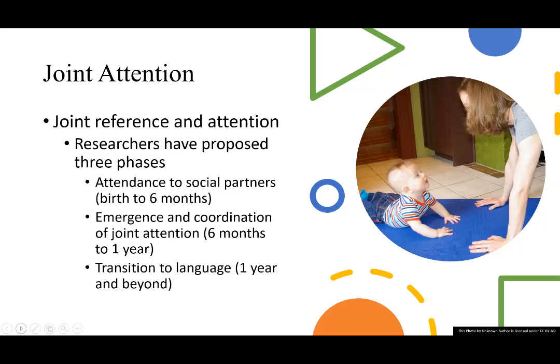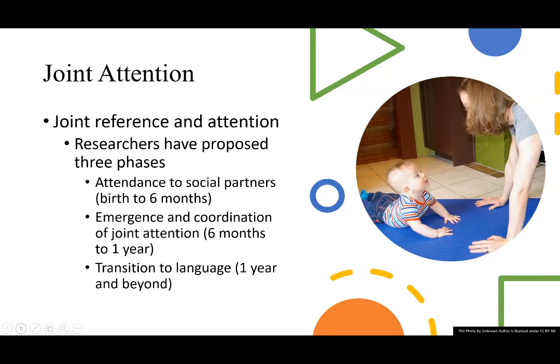So the emergence in coordination of joint attention happens usually around 6 months. Around 6 months, babies will actually offer an object to an interactional partner. They'll hold something out for their partner to look at.